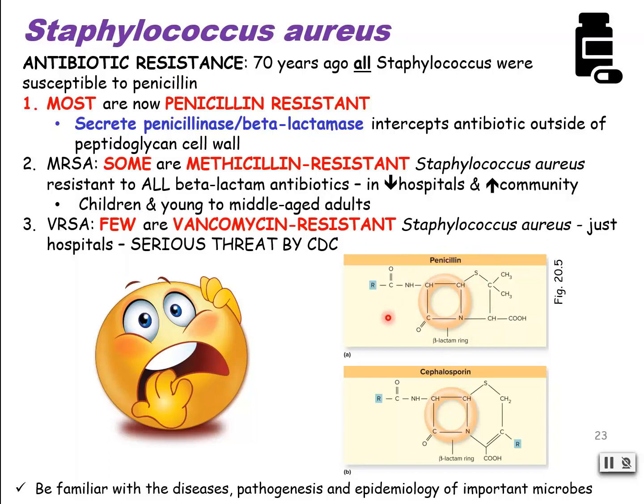That's a structure of penicillin, cephalosporins, and any of the other drugs that are synthetically made versions of penicillin. They can break this ring, and that inactivates the antibiotic, so that's what makes them resistant. We talked about methicillin resistant Staphylococcus aureus and how some people carry those, and they're very difficult to kill with antibiotics. It doesn't mean that they're more virulent, it just means that once someone has an infection, it's hard to cure them of that infection.